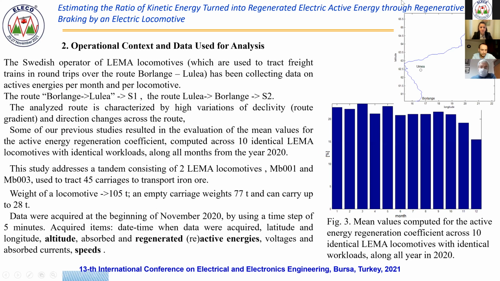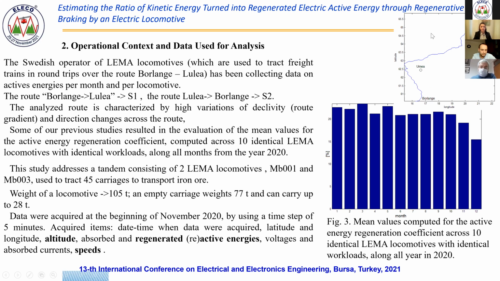Now, what is the operational context of the data we acquired and we are discussing now? The Swedish operator of the locomotives, named Lemma, submitted them to an innovation process through this project. These locomotives are used to track freight trains in round trips.